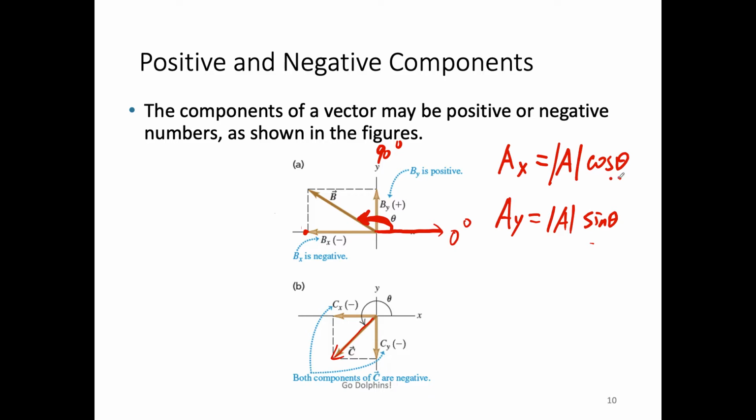So if you use this equation, your angle is actually between 180 and 270 degrees. So your x component for C is negative, your y component for C is negative as well. So this is the recommended way of dealing with a vector and its angle. You always start from 0 degree, go counterclockwise until you get to the vector, and we use this angle as the angle of the vector.